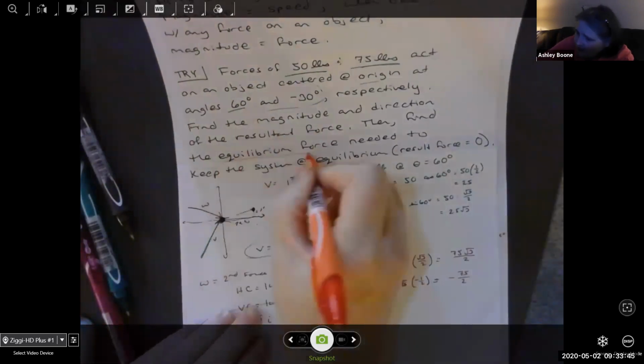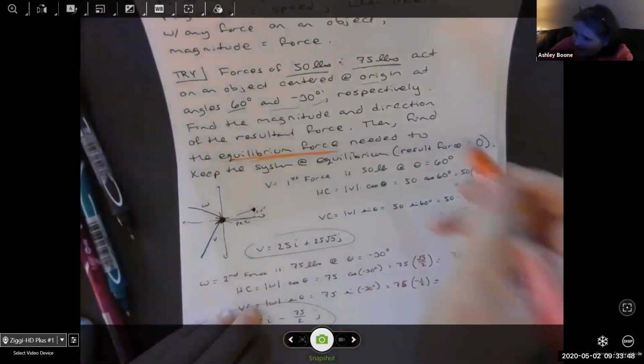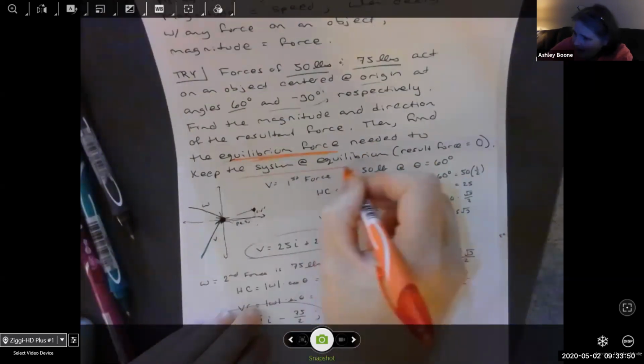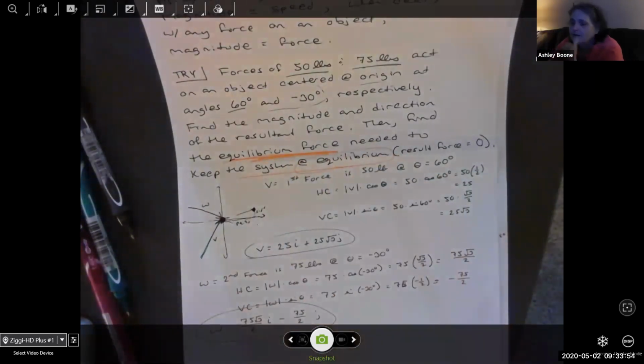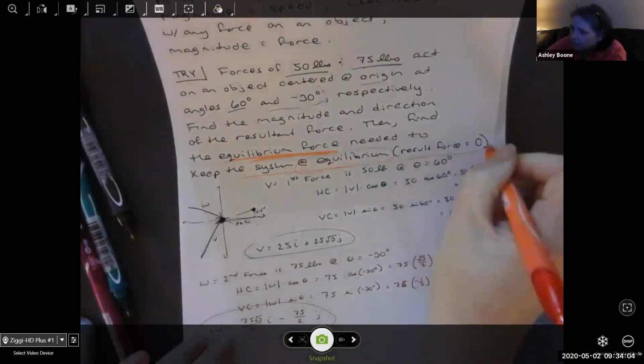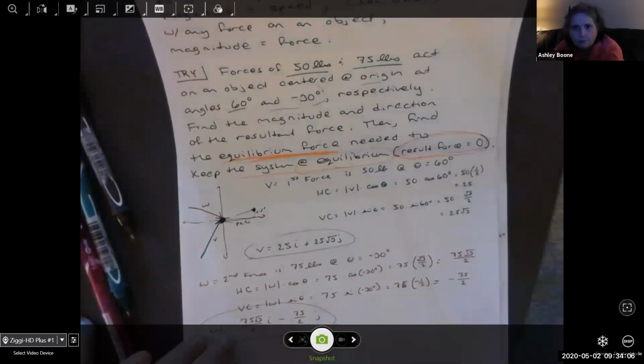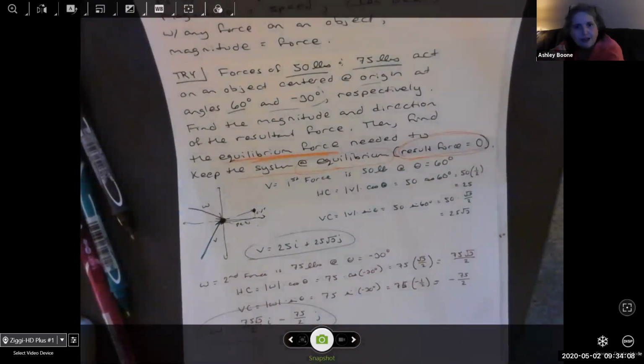Find the equilibrium force needed to keep the system at equilibrium. System at equilibrium. Notice the object started nice and centered at the origin. Keeping it at equilibrium is keeping that balance. We want the resultant force to be 0. Resultant force is a vector.